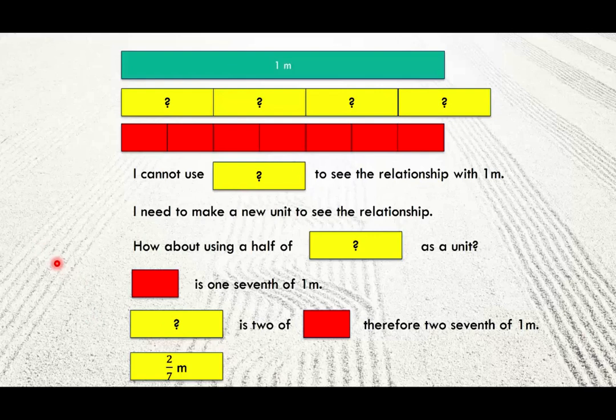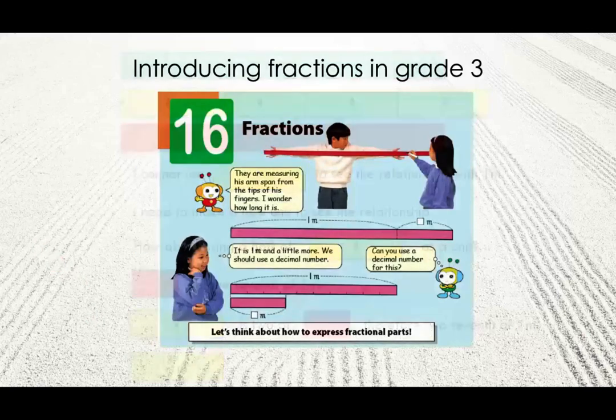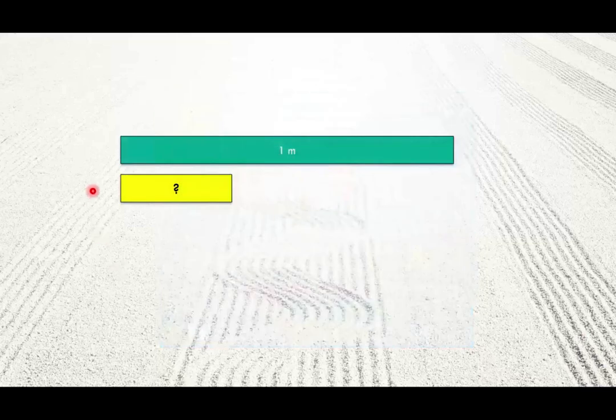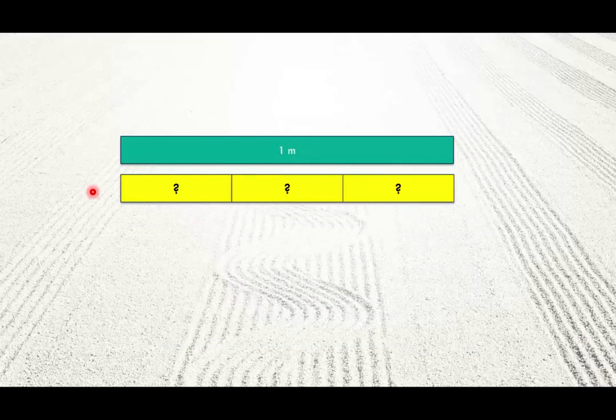So when you're introducing it to students, maybe you can start with a strip a little more than 1 meter but not 2/7, something more simple. For example, if 3 of them fit into 1 meter, how do we name it? We can introduce this one: 3 yellow strips fit into 1 meter.